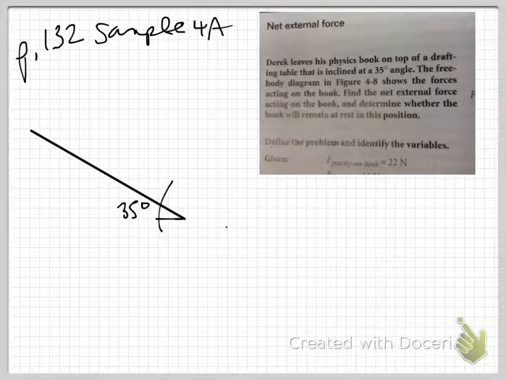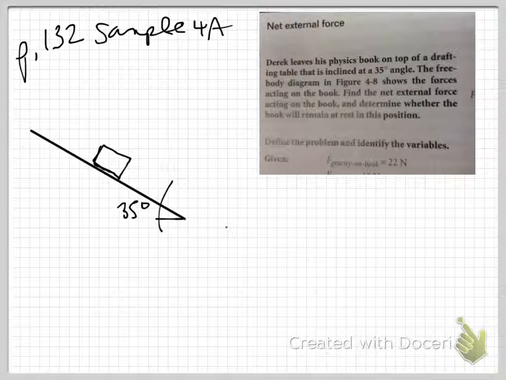Now, the book, we're going to draw as just sort of a box. And the diagram tells you that there is a force of gravity on the book of 22 newtons.